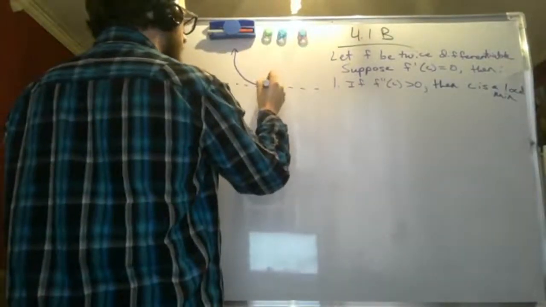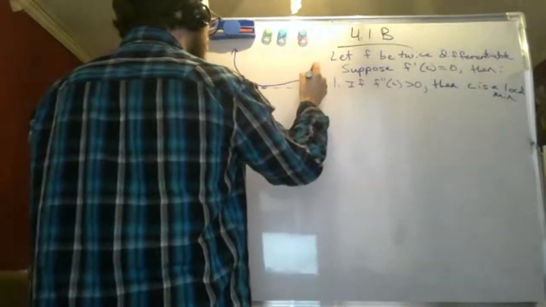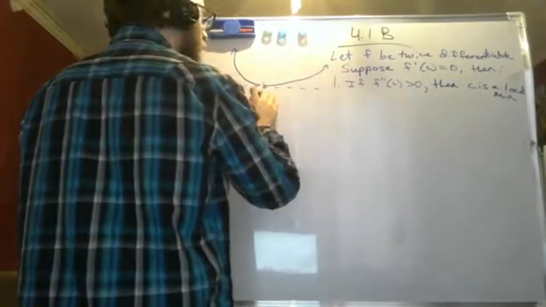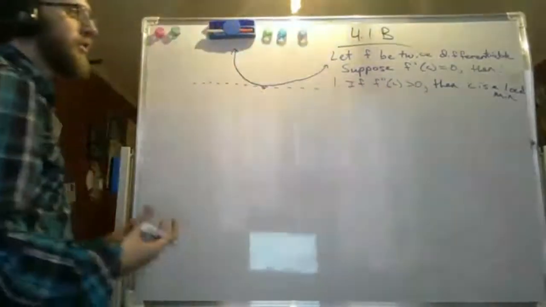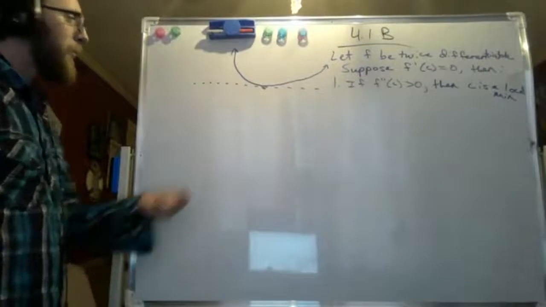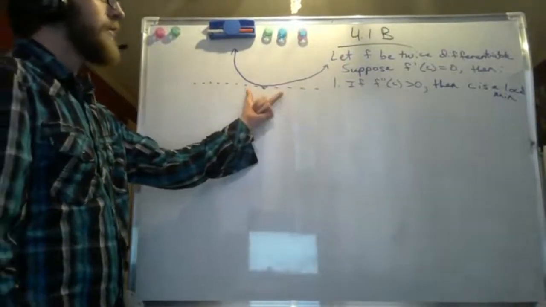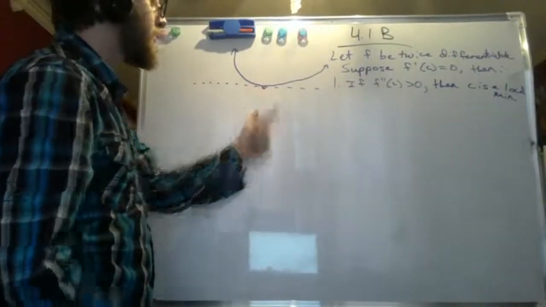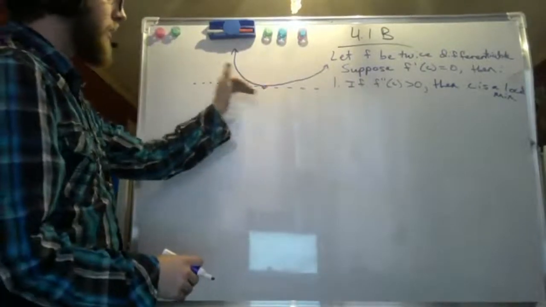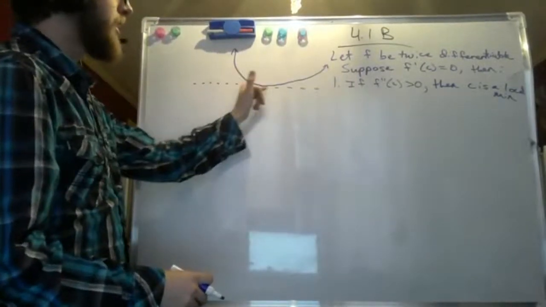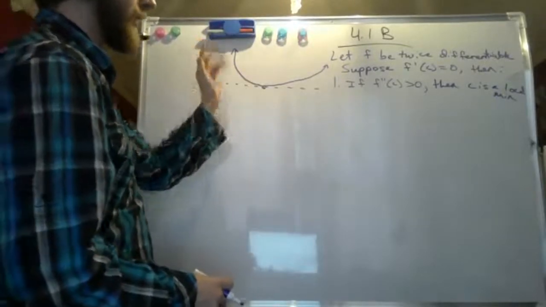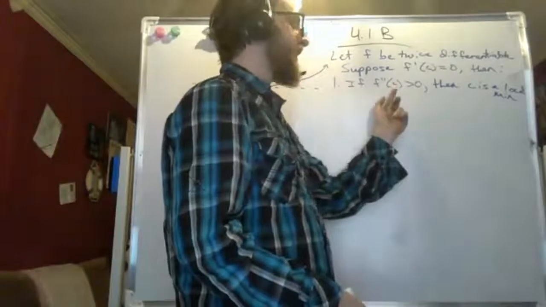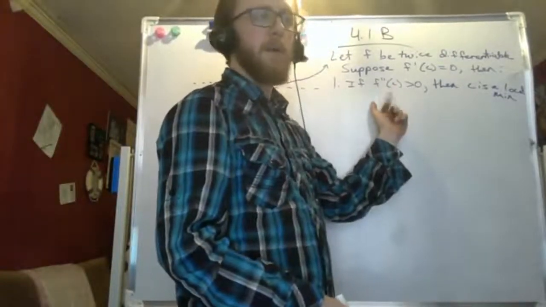And to the right, maybe it's happening very slowly, but it has to be curving up at least a little bit in order for the second derivative to be positive. But what have I just drawn? I've drawn a situation where this value of c is smaller than the y values to the left and right, because to the left and right it has to be curving upwards. Otherwise, the second derivative would not be positive.